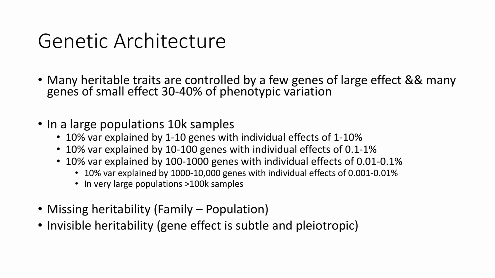So when these data sets are assembled, you can scan through, and we find a few outlier genes with large effects: 1 to 10 genes that could explain 1 to 10% of the variation. And then medium effect genes. There's usually tens to hundreds of these medium effect genes, which at most explain 1%.